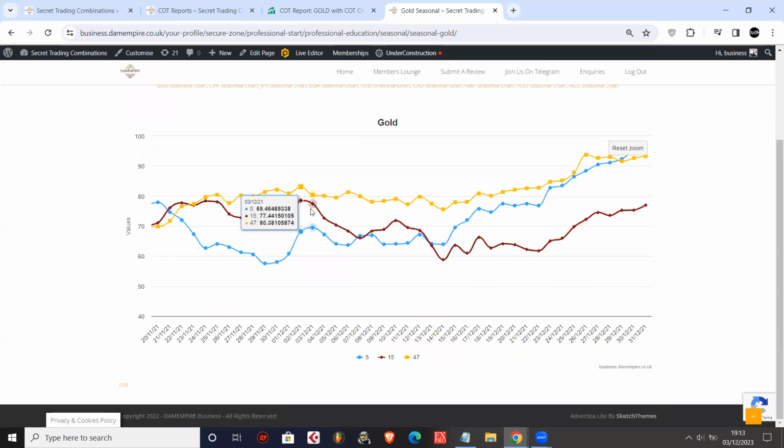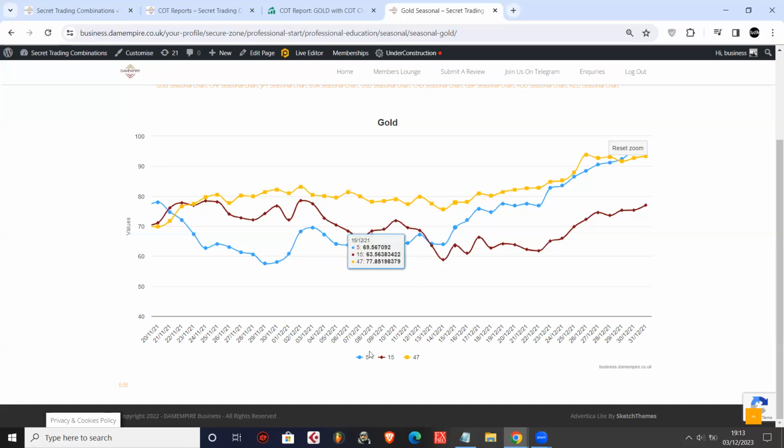We only take trades when all three are aligned, when the three of them are pointing towards the same direction. And currently, they seem to be pointing towards the same direction because we're right here on the third. Now it's pointing down, so maybe about the 5th. And then the 47 years, the yellow, is now pointing back up.